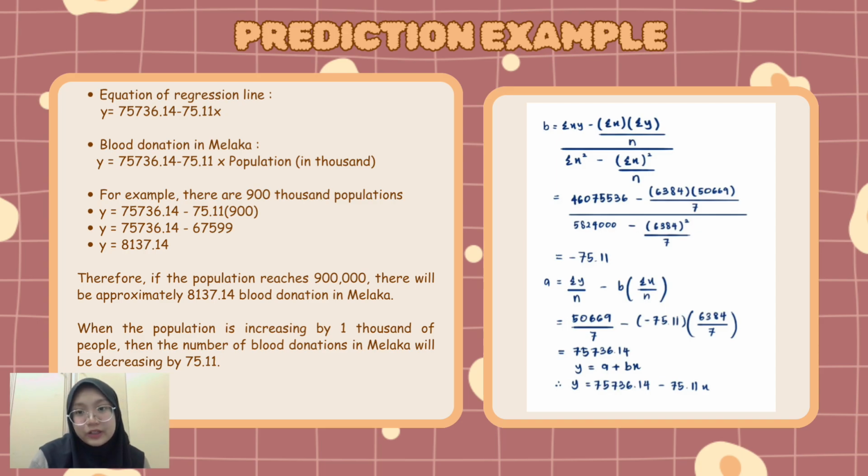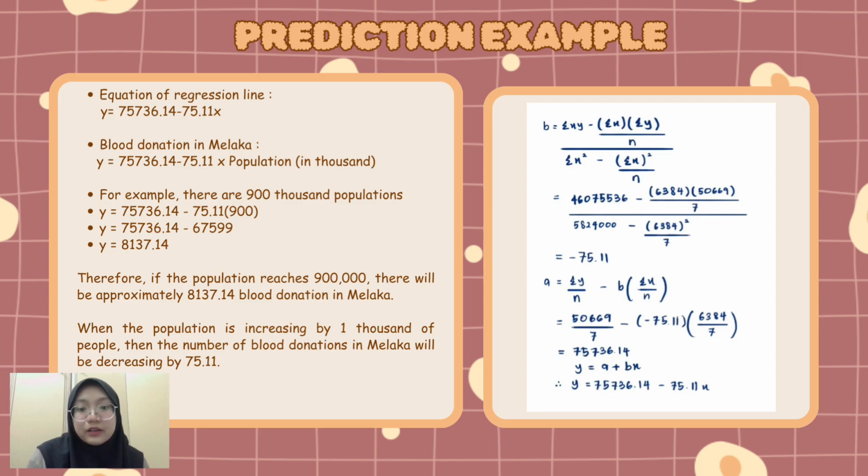We can calculate the value of a using the formula of a as written below. We substitute the value of b into the formula, and we get 75736.14.